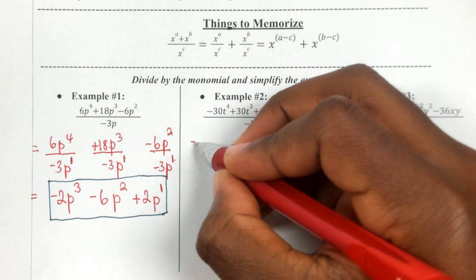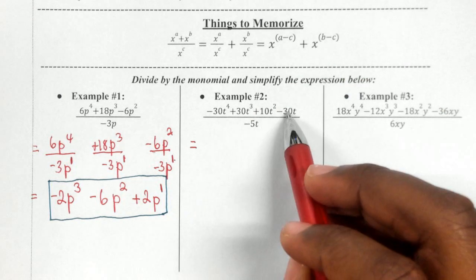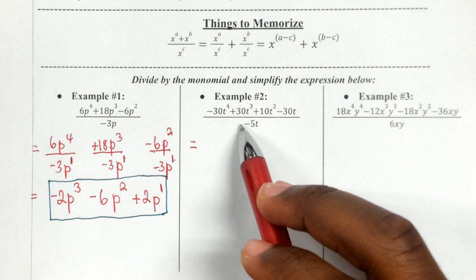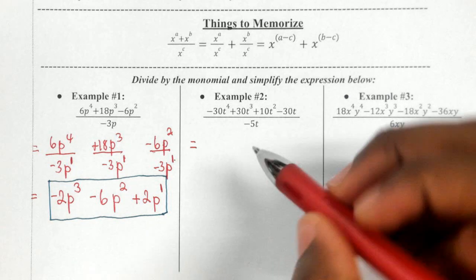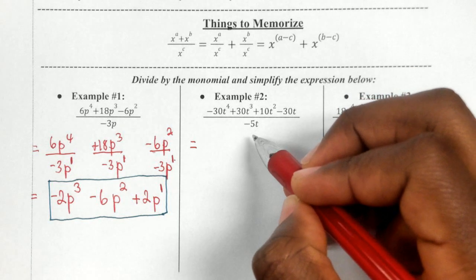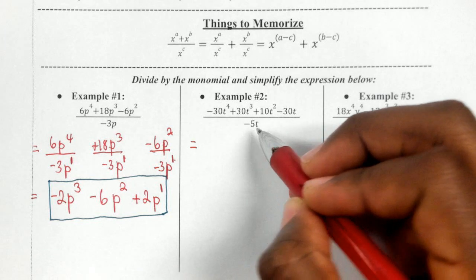So let's try the next one. Again we're dividing a polynomial by a monomial. Poly means many, mono means one. However, this is a common denominator, so I can divide each of these terms by negative 5t.